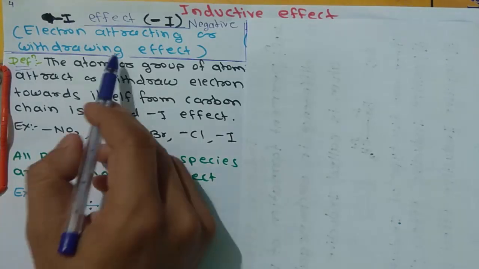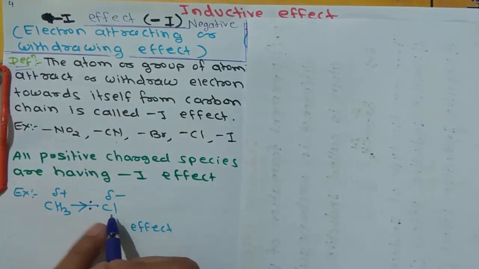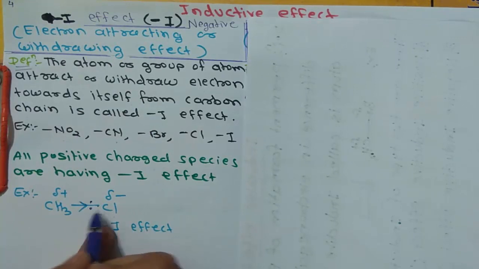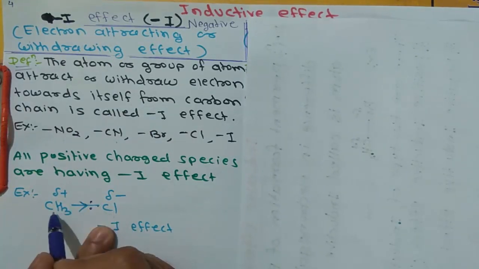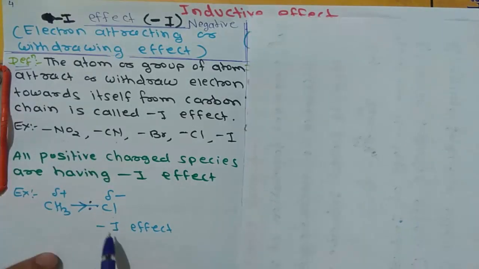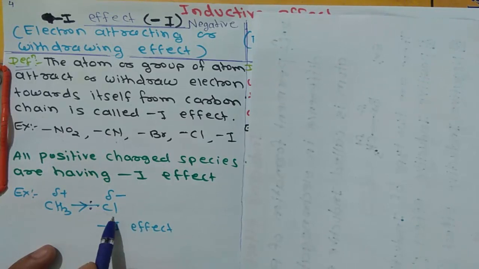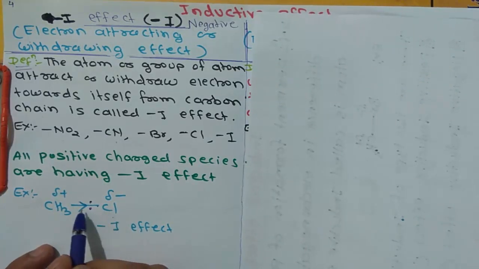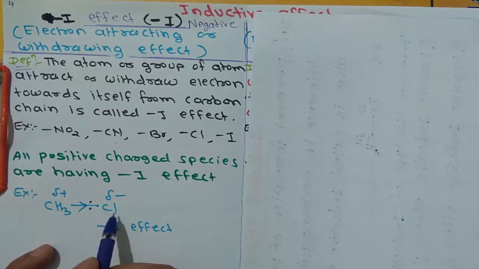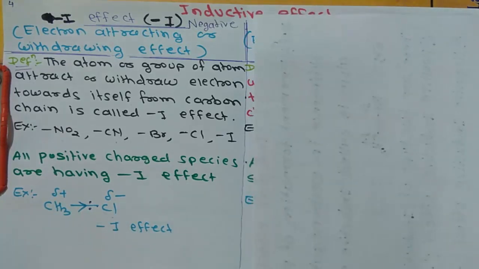As in the definition, the atom or group of atoms which attracts or withdraws electrons towards itself from the carbon is called the minus I effect.